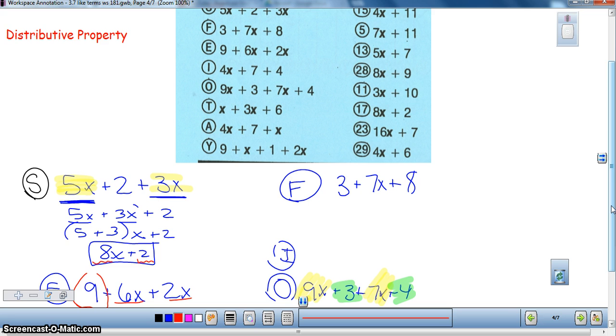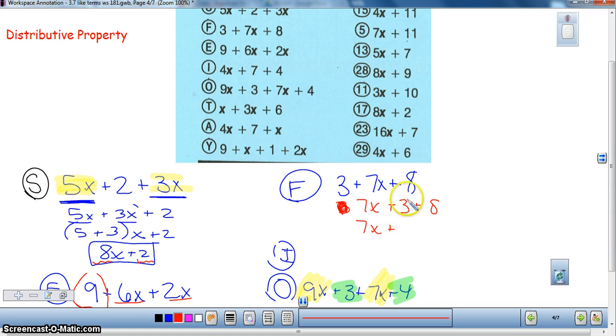As you look at the next question, letter F, again, we want to rewrite this using our commutative property. Instead of the 3 first, I'm going to put my variable term. That's called descending order. 7x plus 3 plus 8. You'll notice all the answers are always going to be in descending order, in that they add the like terms and always put the variable power first.